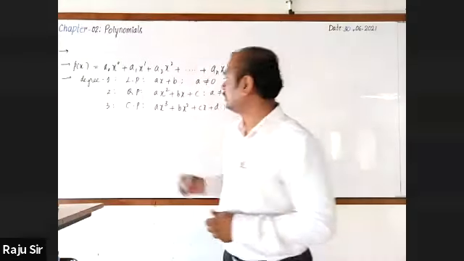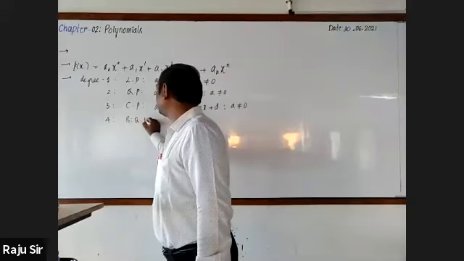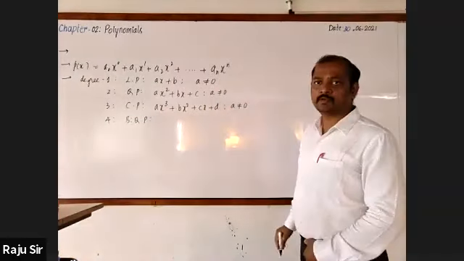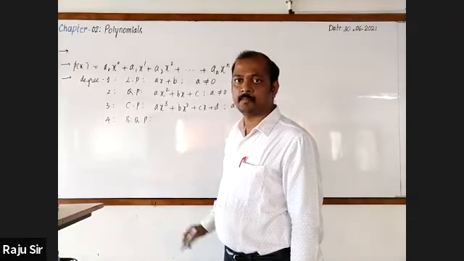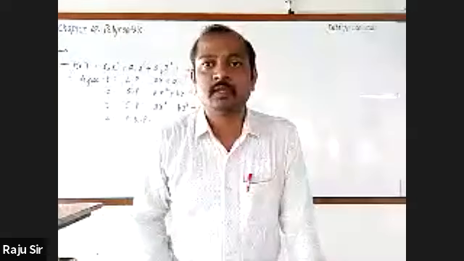Ravi Shankar, what do you call a polynomial of degree 4? Biquadratic polynomial. Very good. It is a biquadratic polynomial. Ravi Shankar, you only continue to tell the general form. Others should not tell.